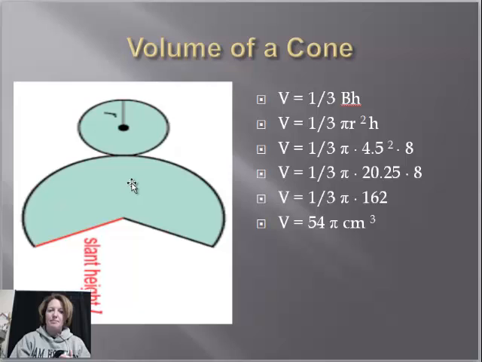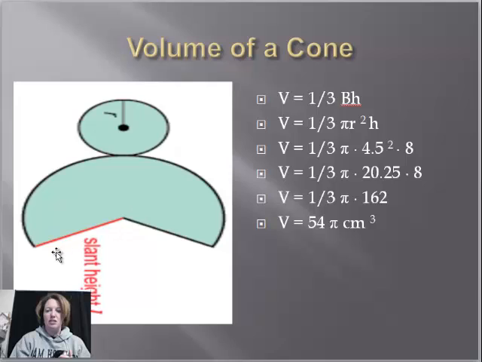So when I measured this piece right here, I got 4.5. So 1/3 BH, so 1/3 pi r squared h. 1/3 times pi times 4.5 squared times 8. This piece right here was 8.